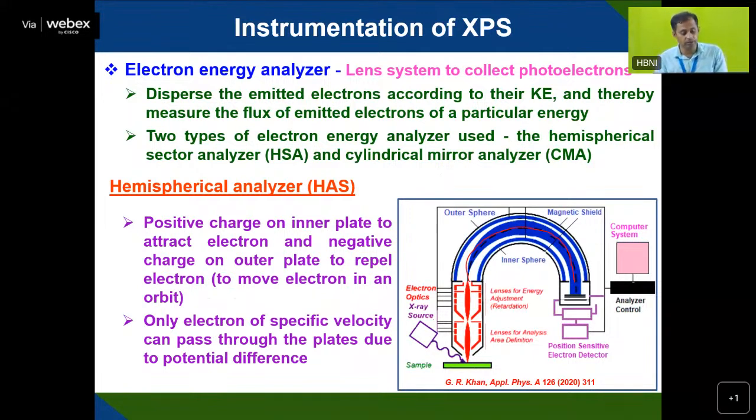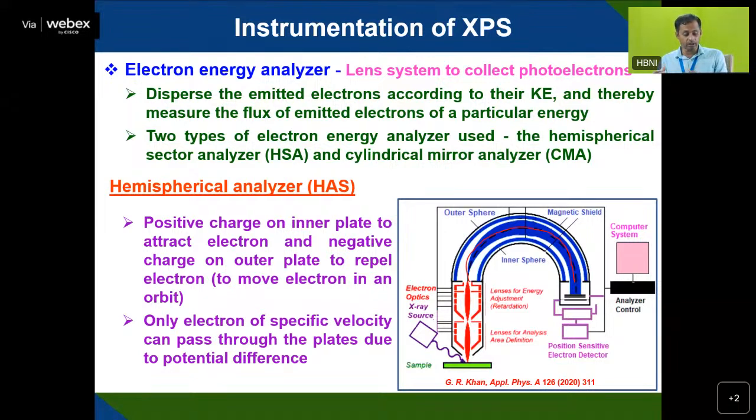In the hemispherical analyzer, you have a positive charge on the inner plate to attract the electrons, and the outer shell is negatively charged to repel the electrons. You have to balance between this positive and negative charge. Only electrons of a specific velocity can pass through the plates with potential difference.